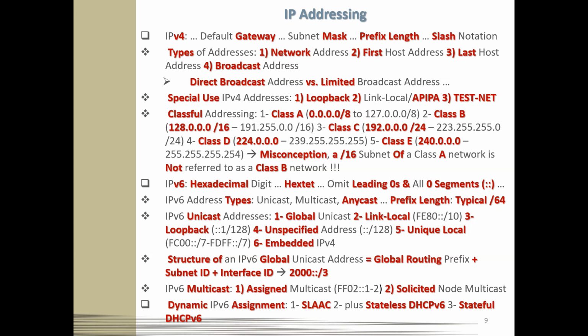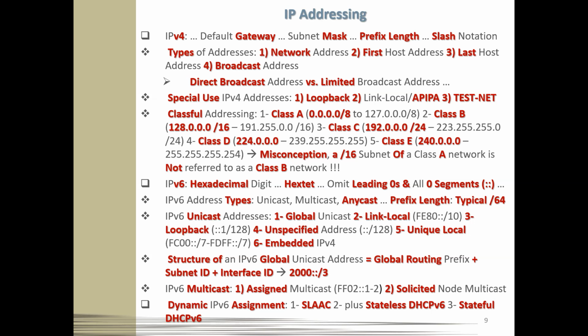You should check the first few bits from the high order byte from left to right. Likewise, a /24 subnet of a Class A or Class B is not referred to as a Class C network. The class is determined by the first 3 bits of the prefix, and this is important.